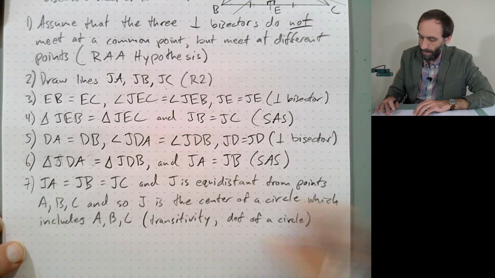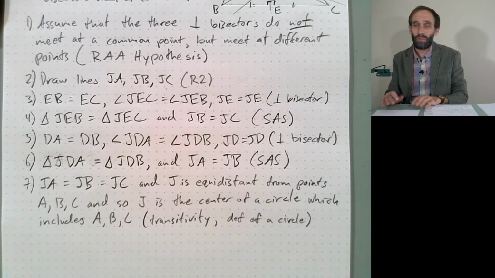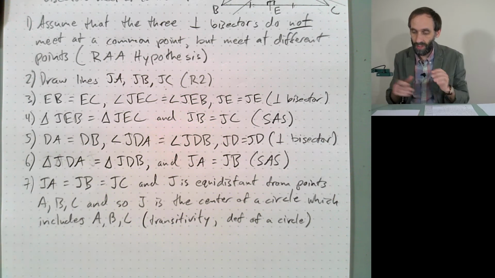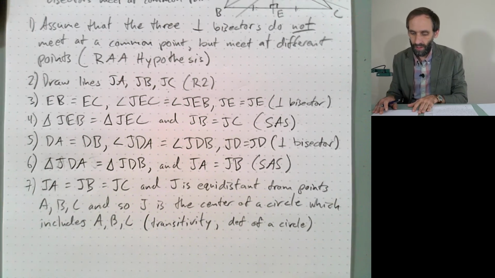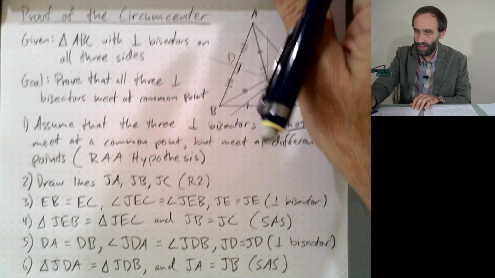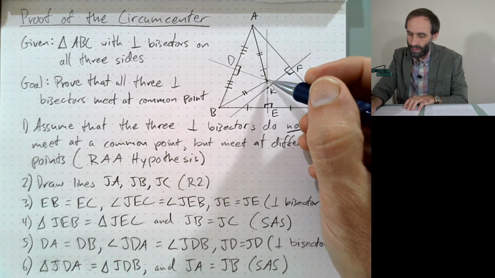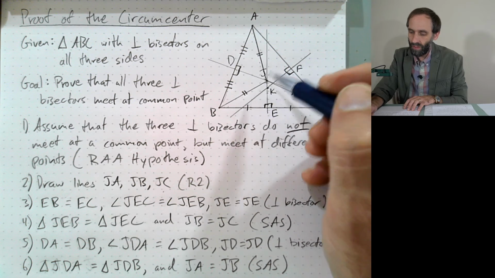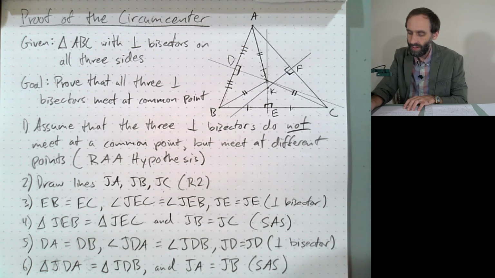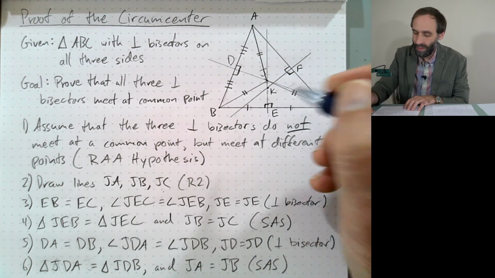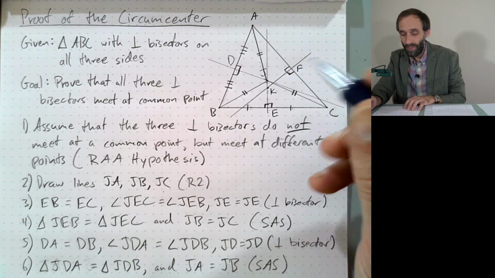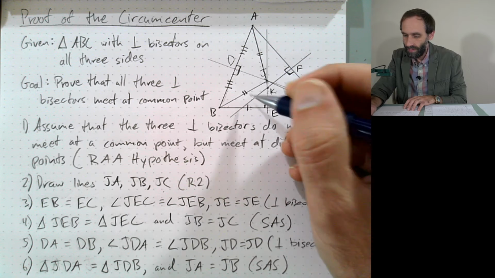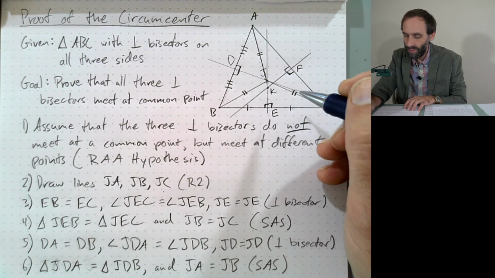Now I'm going to make a little bit of a jump here to skip some steps, which might seem like cheating, but it isn't. Basically, I went through these steps to show that J is equidistant from points A, B, and C. I could just as easily have used the point K, though, because K is also the intersection of a couple of these perpendicular bisectors, right?